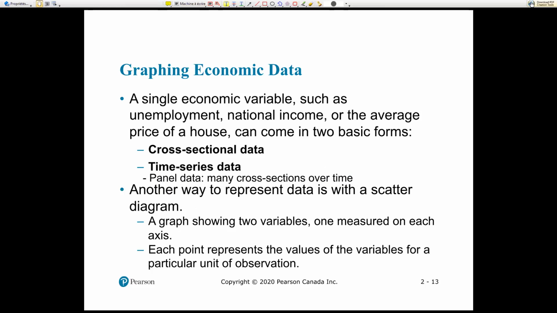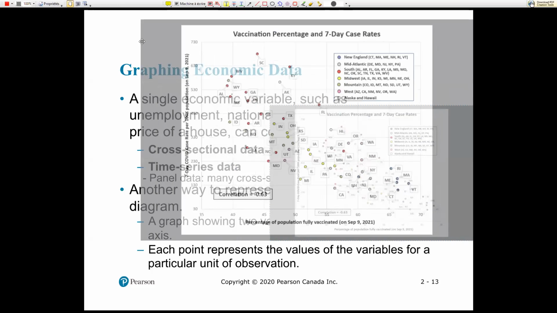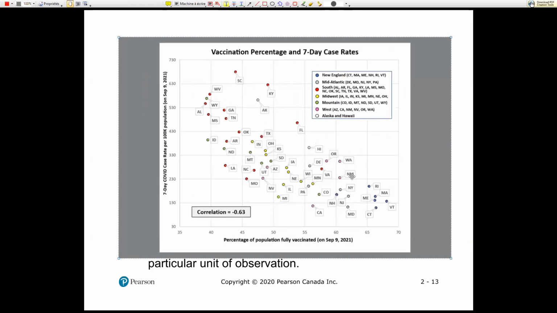One way to look at two variables which are in cross-section is what you call a scatter diagram. I have an example for you of a scatter diagram. Here it is. Just for fun, just to be in the time. So what is this? I'm looking at American states, and we're looking at the percentage of fully vaccinated people and the percentage of infected people.